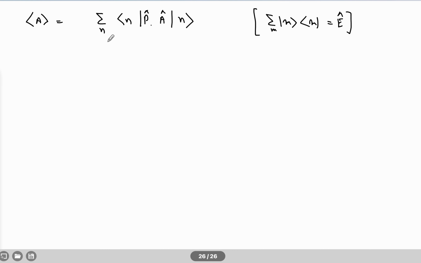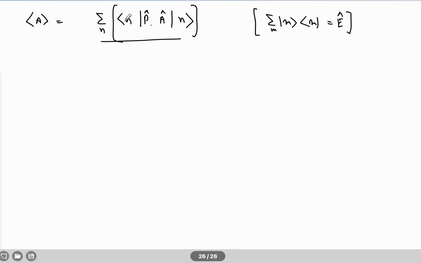Now what is this term over here? If you see carefully, this part is the matrix element of the PA matrix, right? And it is just the diagonal element, because the row and the column index are the same.